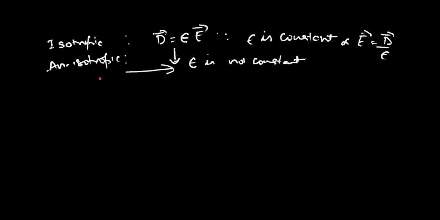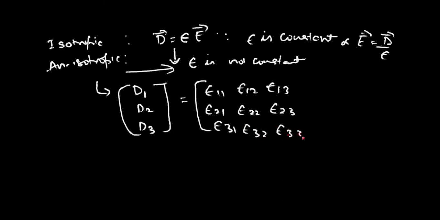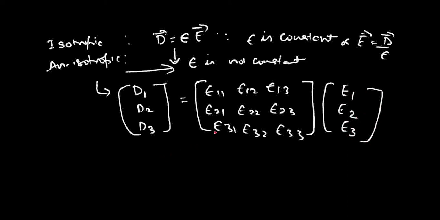For your information, for anisotropic materials, the relation between D bar and E bar would be of this type: D1, D2, D3 equal to the matrix epsilon 11, epsilon 12, epsilon 13, epsilon 21, epsilon 22, epsilon 23, epsilon 31, epsilon 32, epsilon 33 into E1, E2, E3, which clearly shows that epsilon is not constant in all directions.